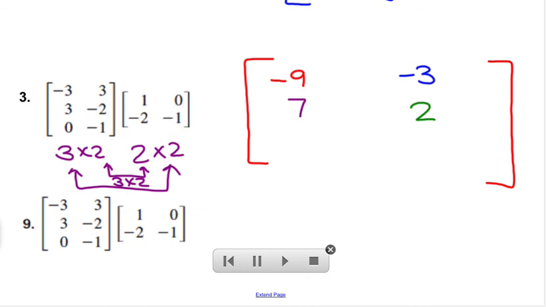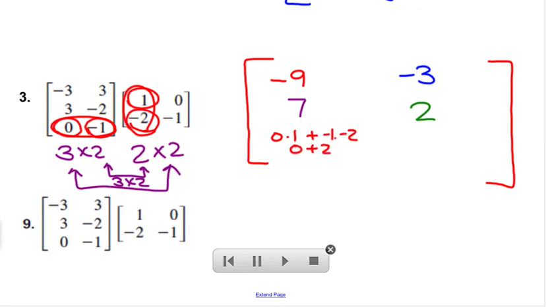All right, we have one row left. Last row, first column. First element and first element is 0 times 1 plus second element, -1 times -2. 0 plus 2 is 2. So our answer there should be a 2.